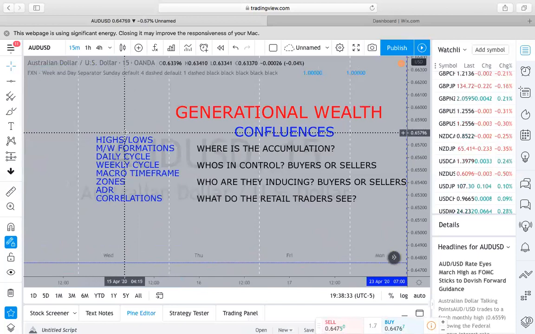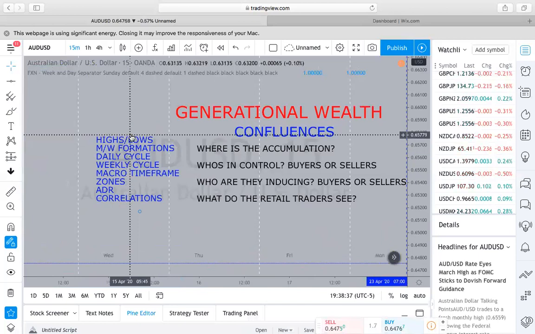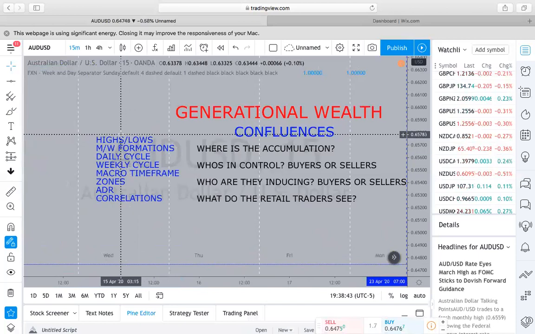So that it makes sense, because a lot of people are having trouble seeing the confluences or having their confluences when they're trading live. You have to understand that you have to trust your own analysis. You have to let go of your emotions and trust your own judgment.